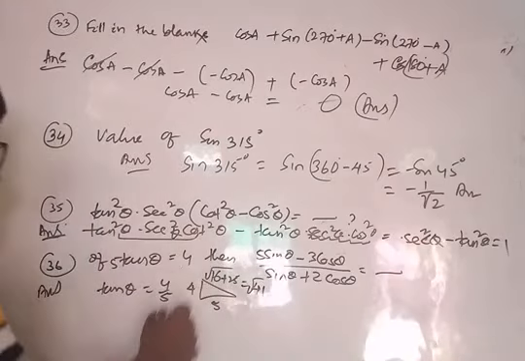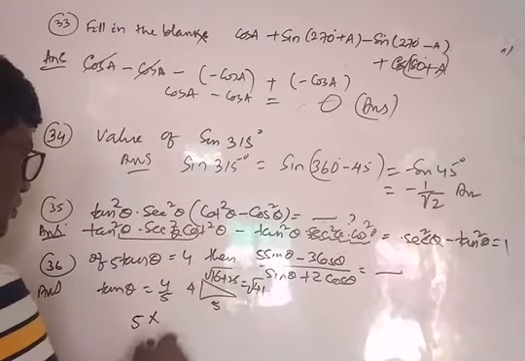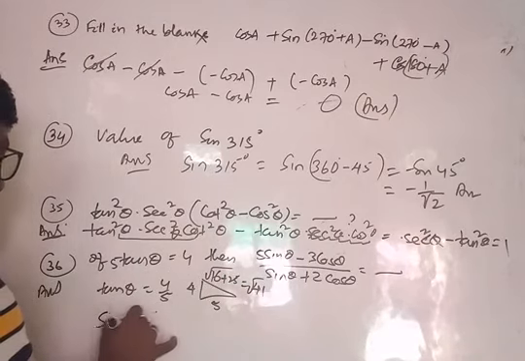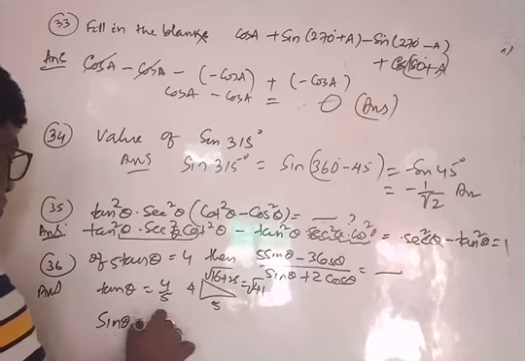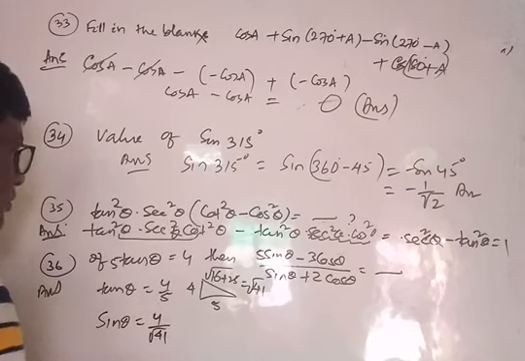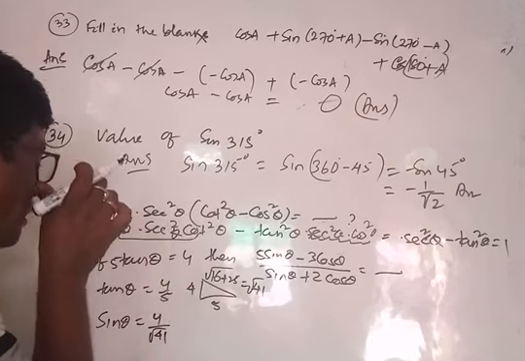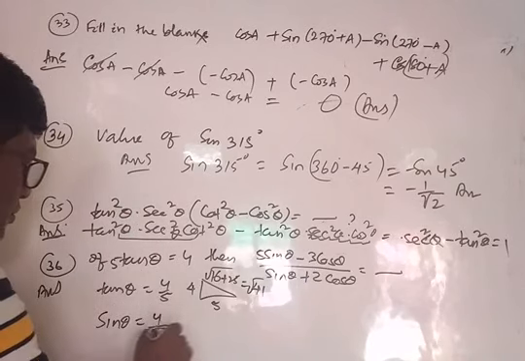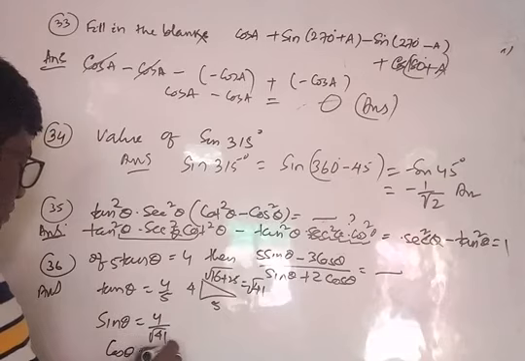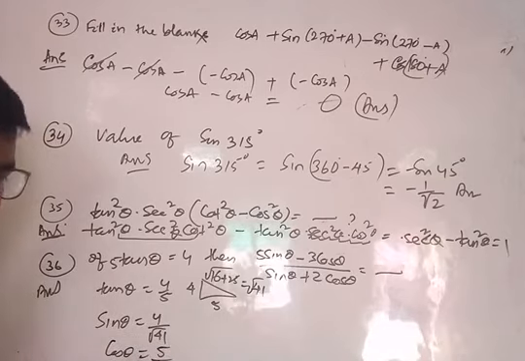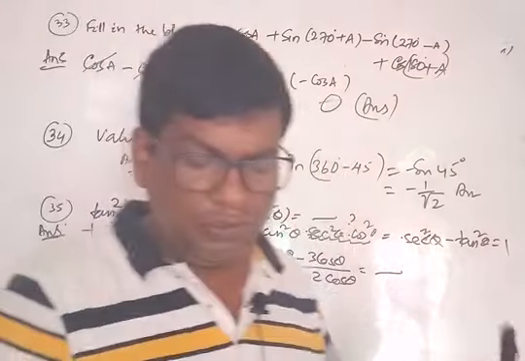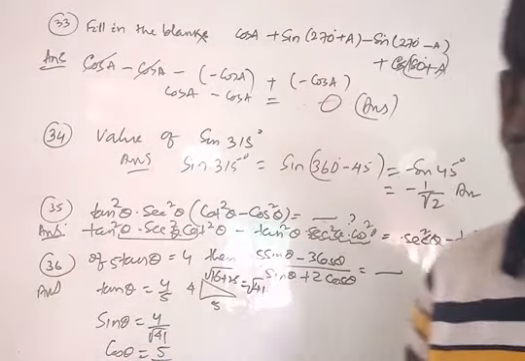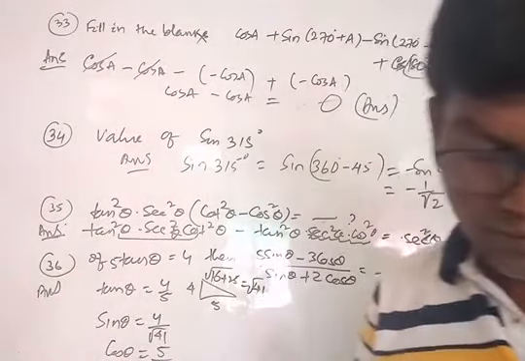So sin theta is equal to P by H, that is 4 by root over 41, and cos theta is equal to B by H, that is 5 by root over 41. These are the values of sin theta and cos theta.